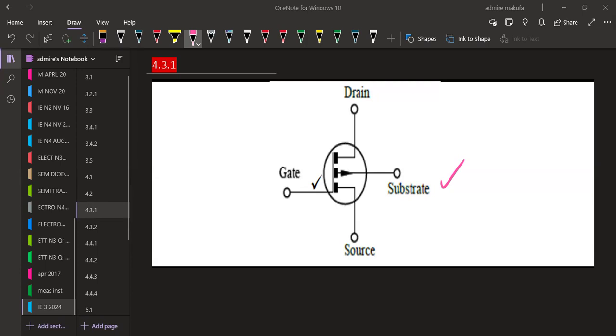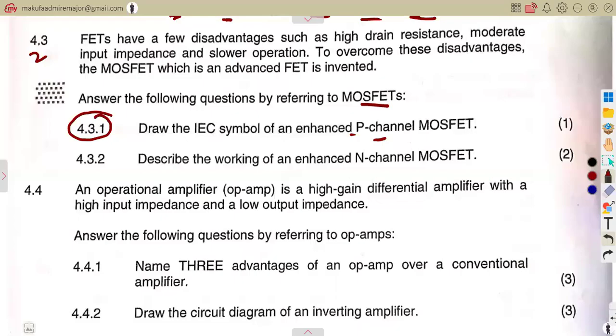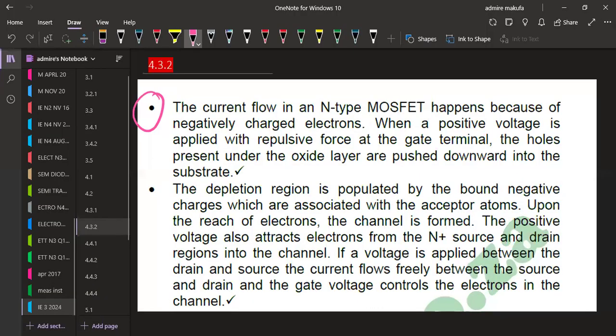Then the working principle. On the other part, they need you to describe how that MOSFET works. This one they said is an N channel, enhanced N channel. The first one was P-type, then this one they want for an N channel. Considering this, the current flow in an N-type MOSFET happens because of negatively charged electrons.